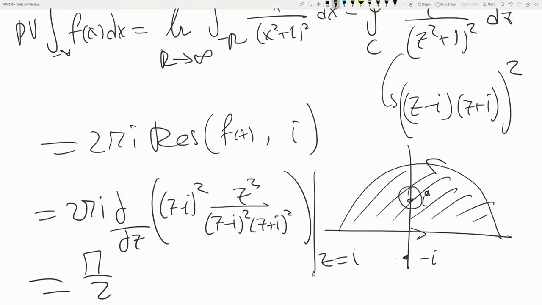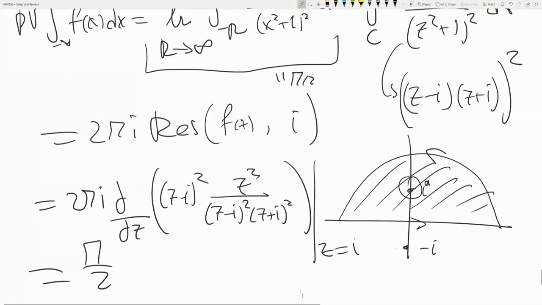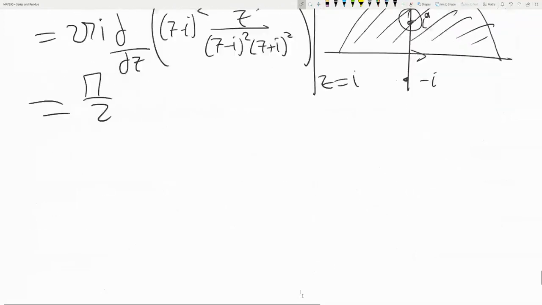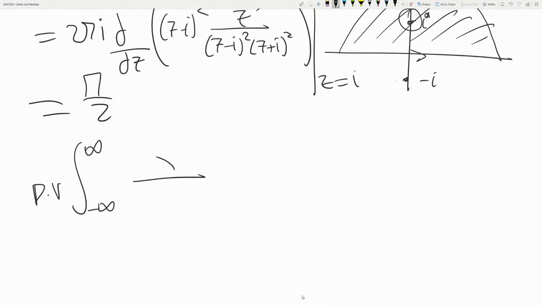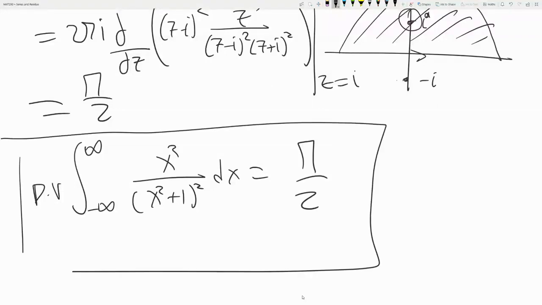Okay? So the principal value of our integral, so the limit of this, from minus infinity to infinity, is equal to pi over 2, which is incredible. Okay, thank you.